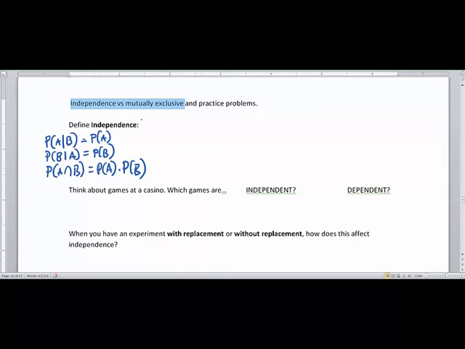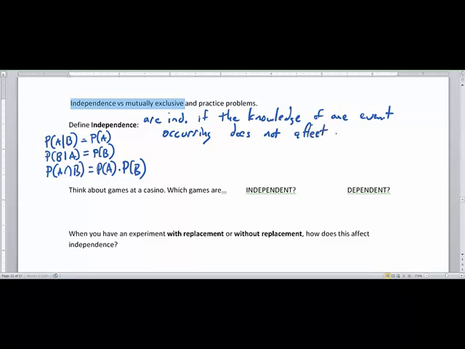All right, so two items are independent. So I'll put I-N-D.